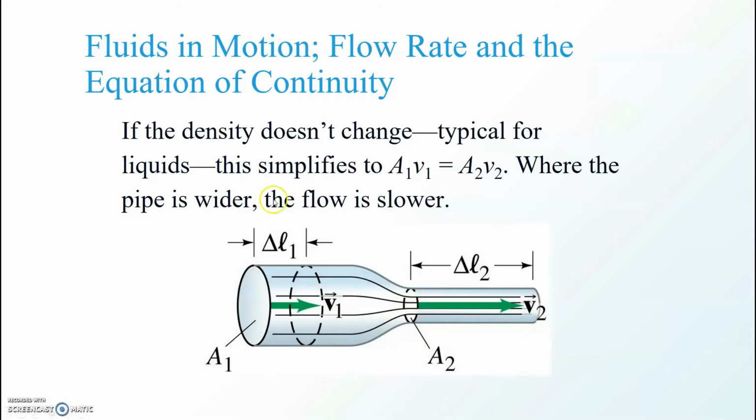So what that means is as I'm going through a pipe, if the fluid doesn't change density, which it usually doesn't, then as it's flowing through, we can just get rid of the densities on both sides, and it just becomes the area times the velocity is equal to the area times velocity. What happens if this number goes down? Well, then this number has to go up.